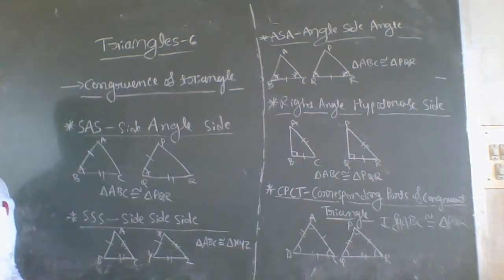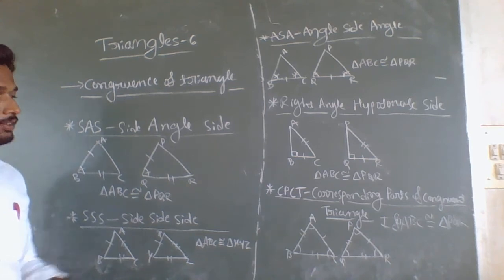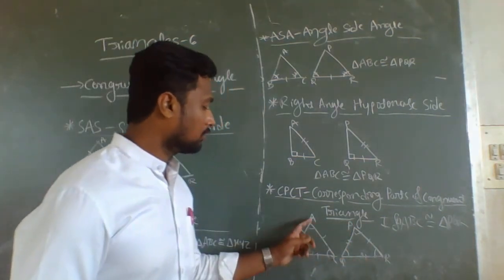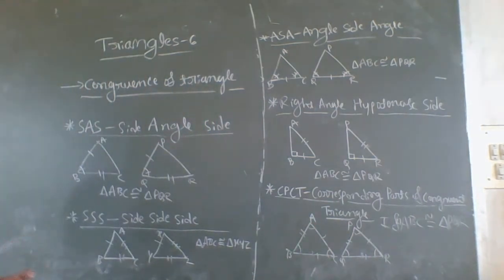These corresponding angles are equal to each other. Corresponding sides means AB is equal to PQ, BC is equal to QR, and AC is equal to PR. Corresponding parts means corresponding angles and corresponding sides.